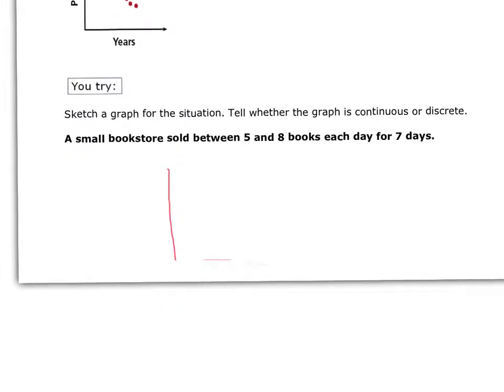On the left side we have books sold, and it says a small bookstore sold between 5 and 8 books, so our only option is to have either 5, 6, 7, or 8. And on the bottom we have days, and we have 7 different days. So 1, 2, 3, 4, 5, 6, 7.